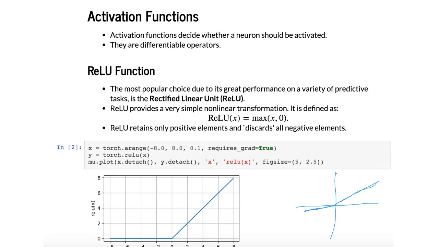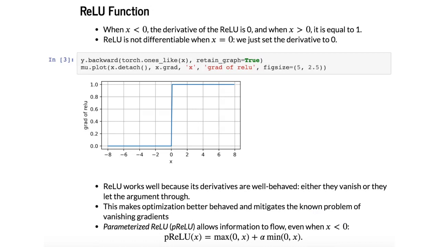So it looks like this. So the negative values are not mapped to 0. Still, this function is a piecewise linear function, and it's non-differentiable at x equals 0. So this function is called leaky ReLU.